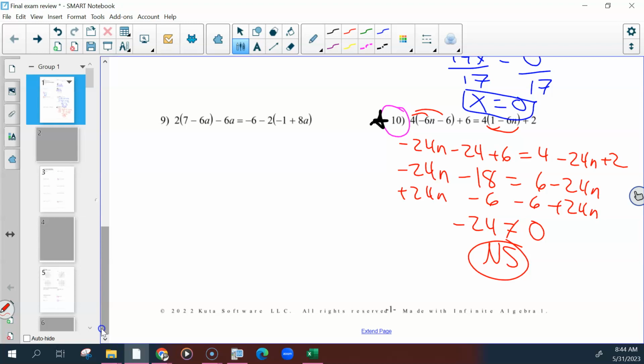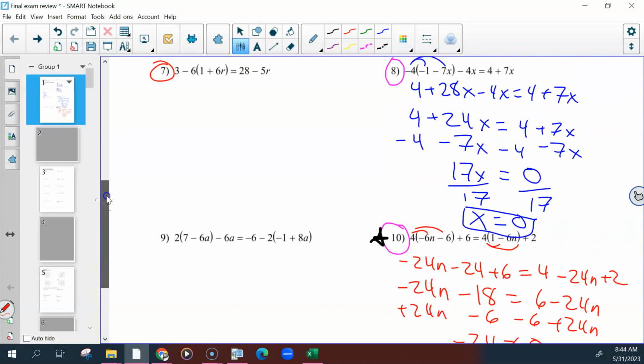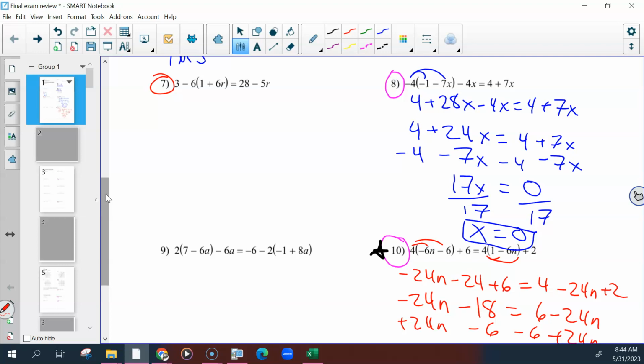We'll go back and do 7 and then go on to the next objective. So similar to the ones we just did, distribute. So 3 minus 6 minus 36r equals 28 minus 5r. Combine like terms on the same side if you have them. So in this case, 3 minus 6.